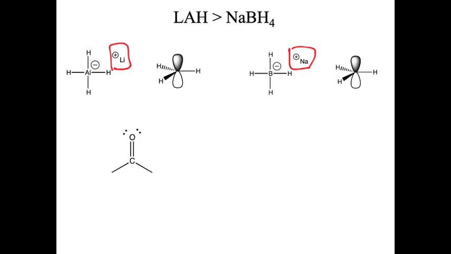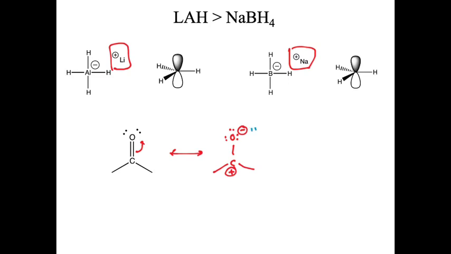And particularly if you're concerned about where reactivity is, it might be useful to draw a Lewis structure. In that Lewis structure, what do we notice? A negatively charged oxygen. Where could the lithium or the sodium attract? To that negatively charged oxygen.